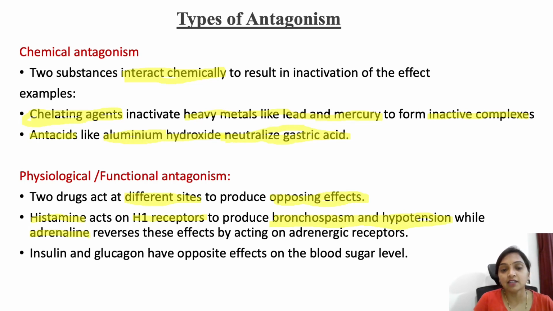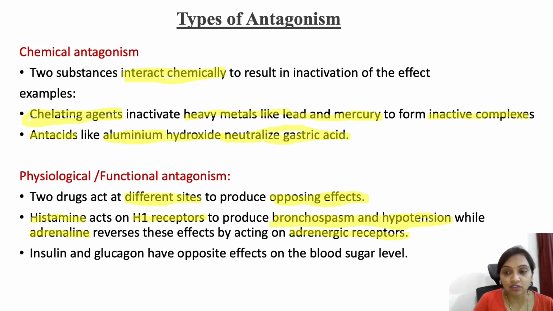Adrenaline acts on adrenergic receptors beta 1, beta 2, beta 3, alpha 1, alpha 2, alpha 3. These are the receptors where adrenaline acts. By acting on all these receptors, the effect produced by adrenaline is bronchodilation and hypertension. This is the effect produced by adrenaline.